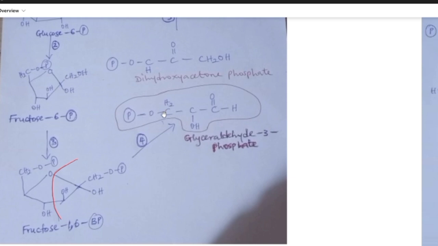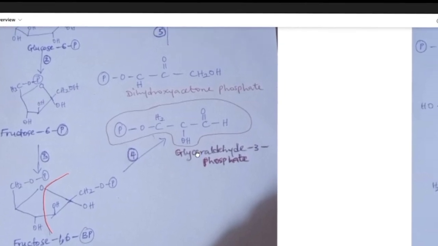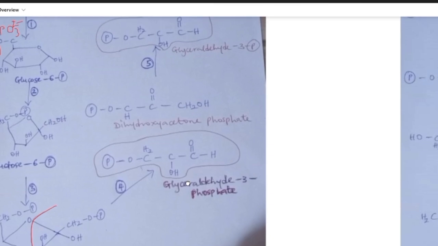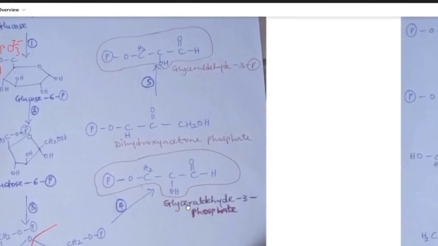Note that the splitting of fructose 1,6-bisphosphate does not take place when it is in the ring form. Rather, it takes place in the extended or linear form.